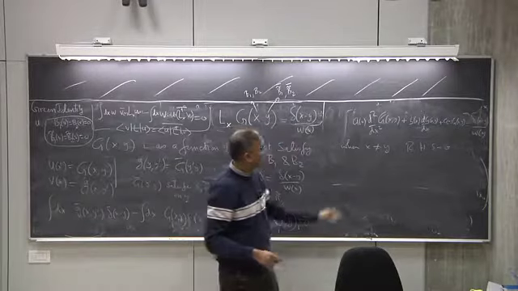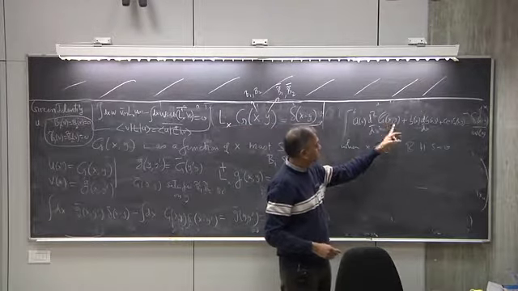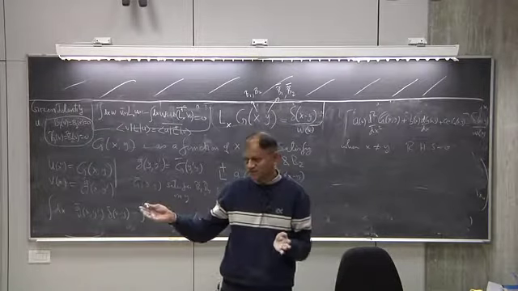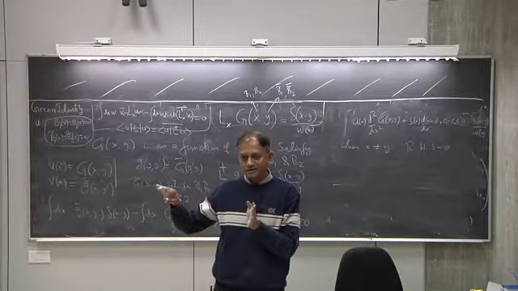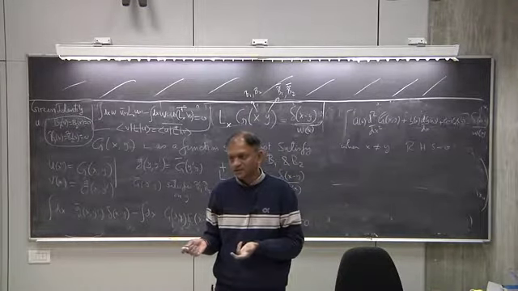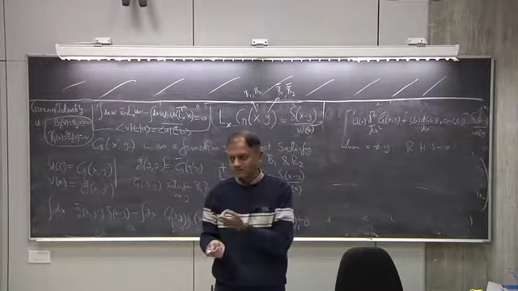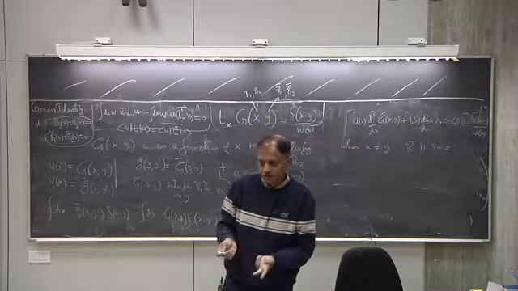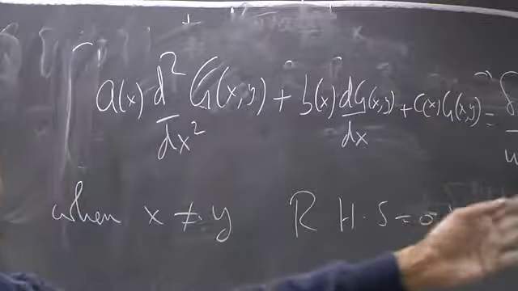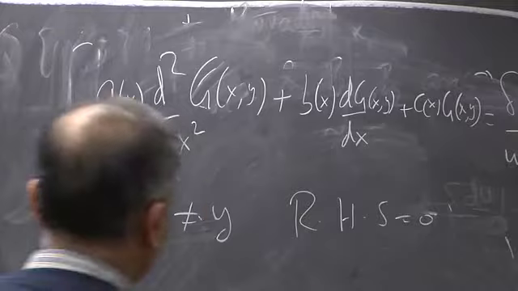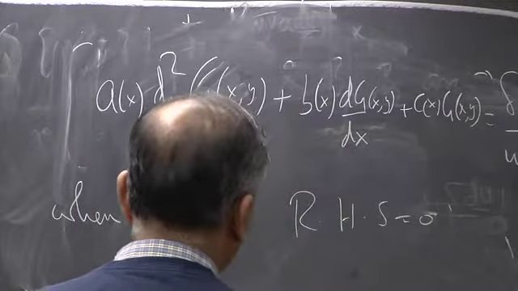This means the Green's function, when x is not equal to y, satisfies a homogeneous equation. So it should be a linear combination of a fundamental set of solutions of the homogeneous equation. We saw there were two linearly independent solutions. So I can always express G as a linear combination of the two when x is not equal to y. Here is x, and y is some particular point.